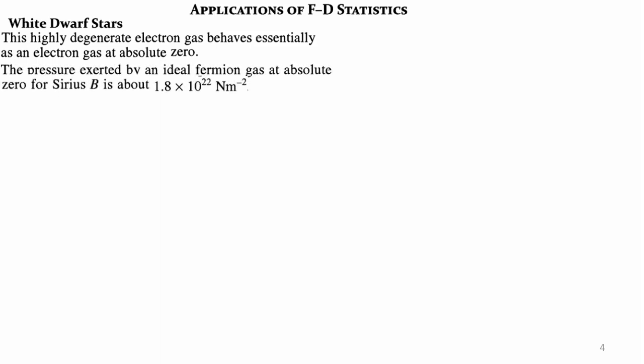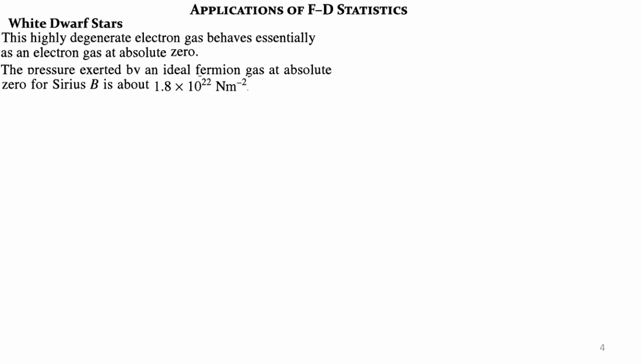Now, the pressure exerted by an ideal fermion gas at absolute 0 for Sirius B is of the order of 1.8 into 10 to the power 22 Newton per meter square. Now you will ask me from where this pressure came. I hope you remember our previous lecture where we had discussed the completely degenerate Fermi Dirac system. There we had obtained an expression for pressure.